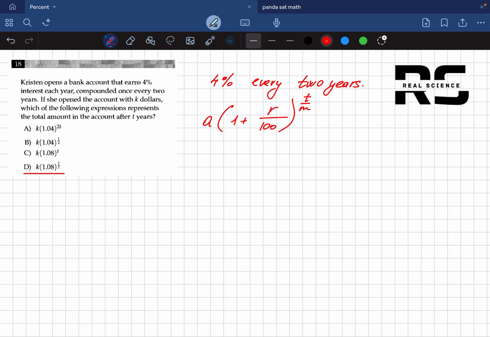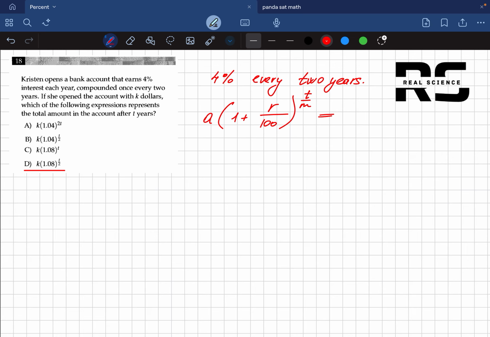Let's take a look at how we would solve this question. In this formula, m is the number of compoundings that we have.